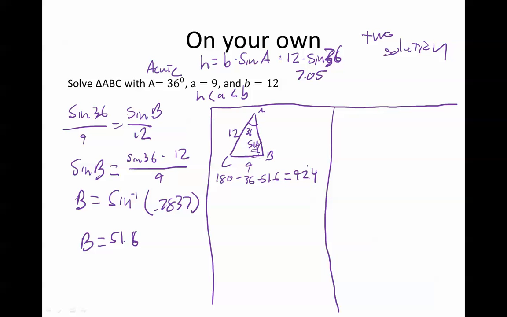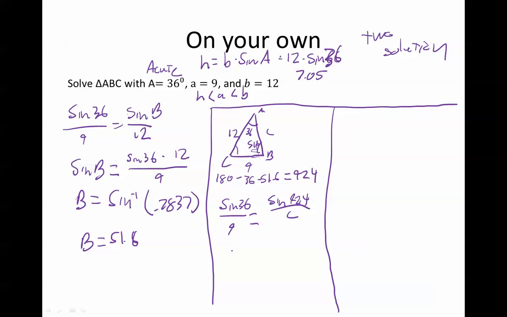So now that I know that this angle is 92.4, I can then use my law of sines to find little c. So this is going to be sine 36 over 9, because that's my a's. But then this is sine of 92.4 over c.